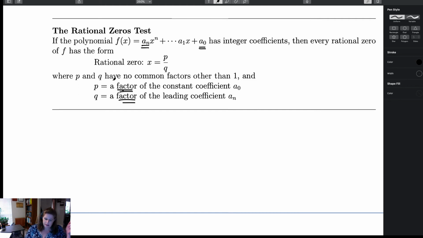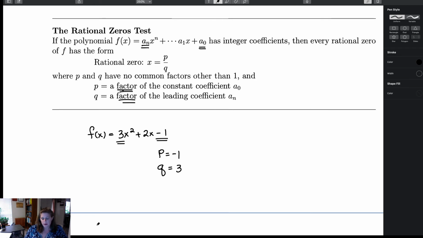So if, for example, f of x is equal to 3x squared plus 2x minus 1, then this is my constant. So our constant is equal to p here, and our q is the first coefficient, so q is equal to 3.